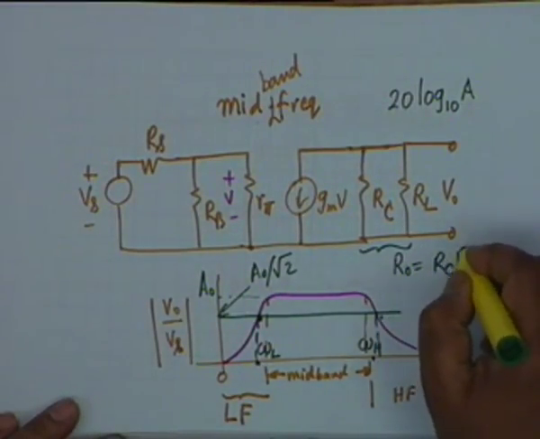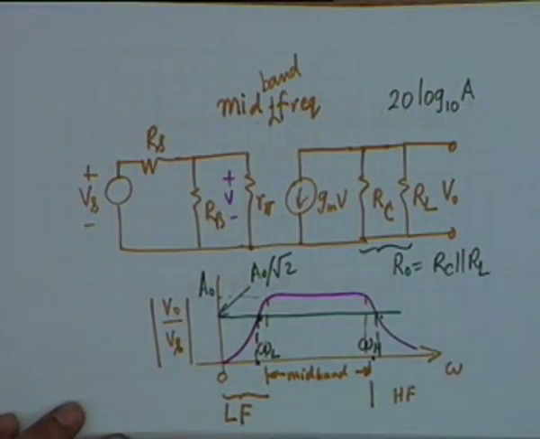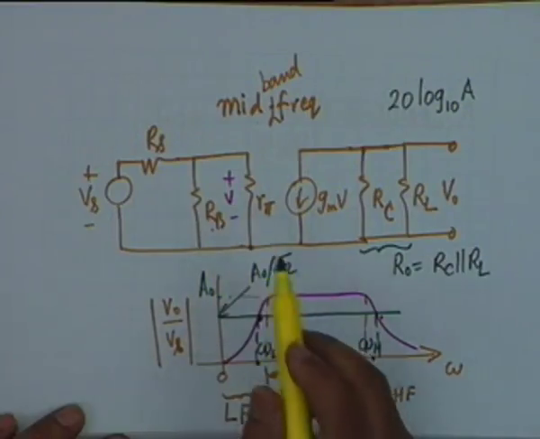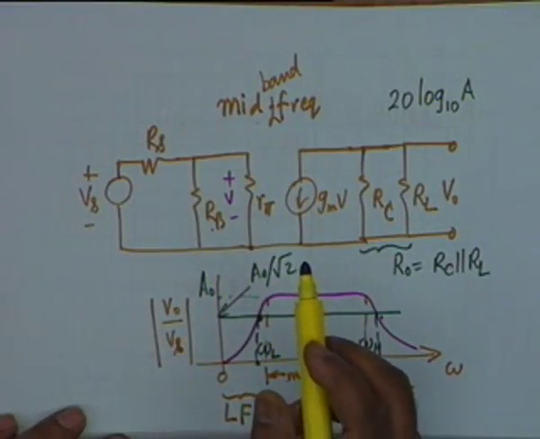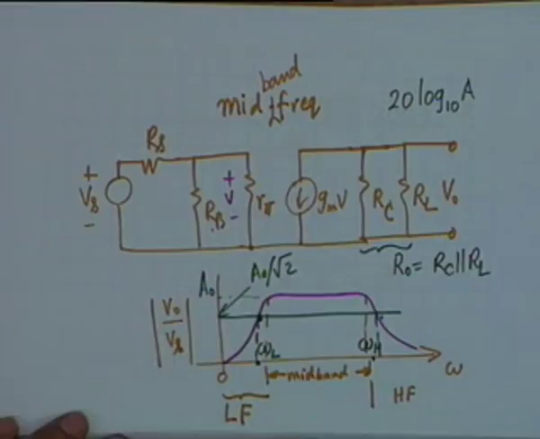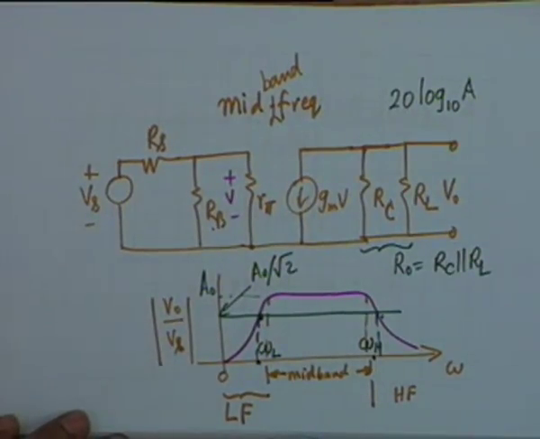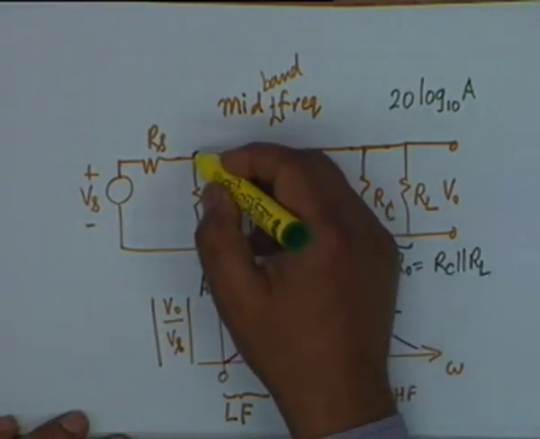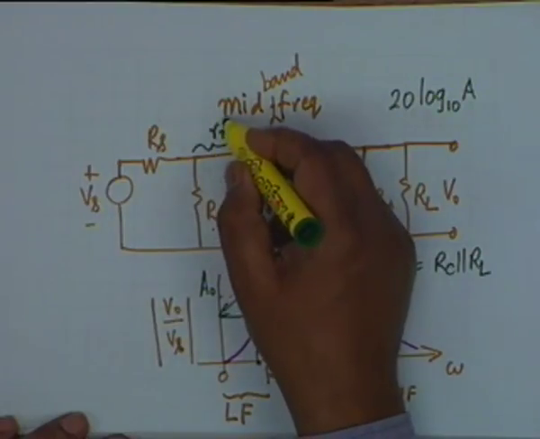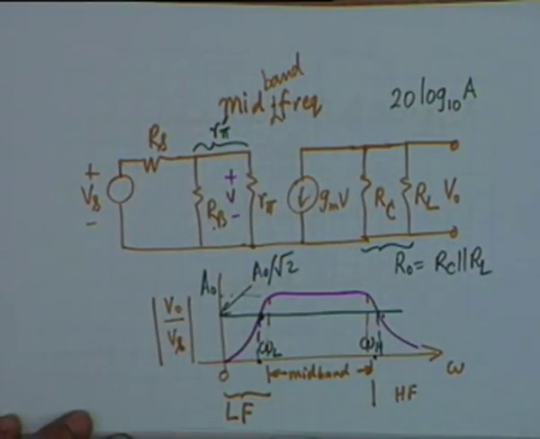Let us call this R0 as equal to RC parallel RL. You also notice that RB and R pi are in parallel, and if RB and R pi are comparable, then you can combine the two and you can call the resulting one as R pi prime.